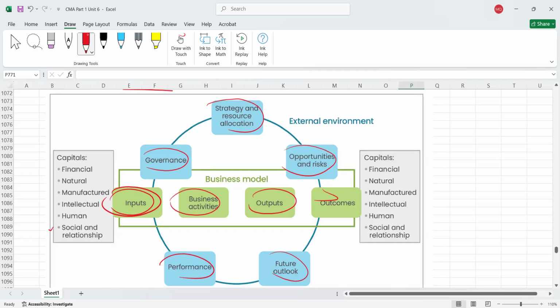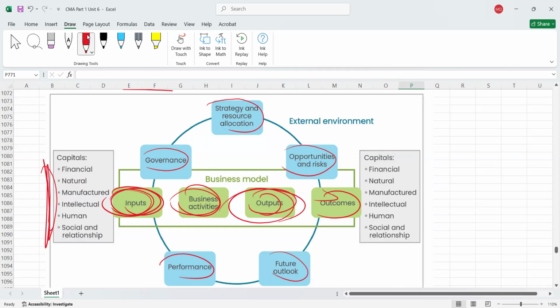Inputs means what resources are used, for example money, people, knowledge, etc. Then business activities, about what the organization does, your operations. Outputs means what it produces. And outcomes mean the result or effect of its activities and outputs on the environment and the people. That also should be there.